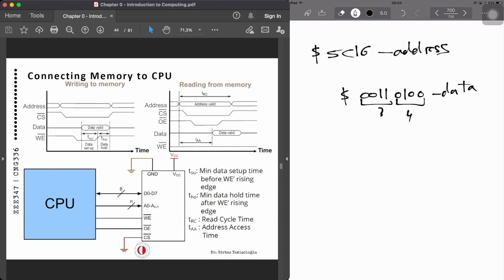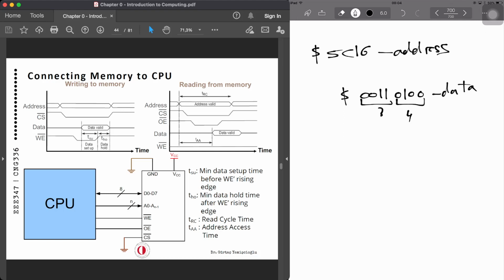Now, we provide the address if we are writing, okay? Then we select the chip. So we are having an active low over here. We select the chip that we want to write to, okay? And we provide the data to it.